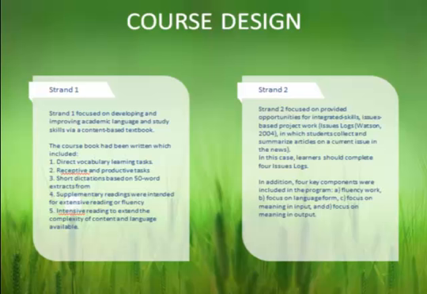Another part of the course design is strand 2. Strand 2 focuses on providing opportunities for integrated skills, issues-based project work, and issues logs, in which students collect and summarize an article on a current issue in the news, and in this case, learners should complete 4 issues logs.